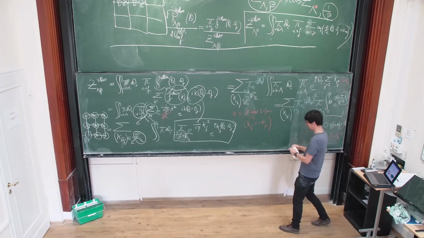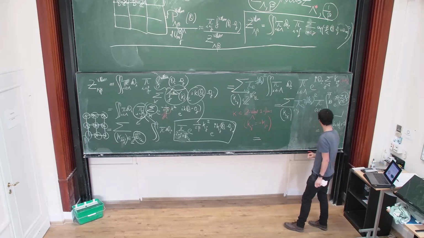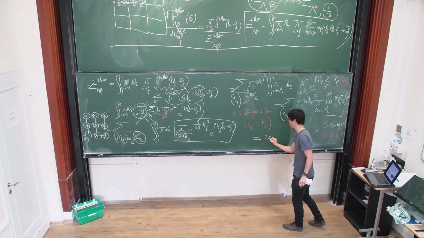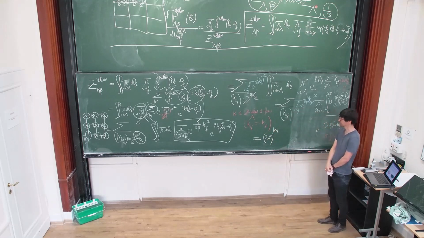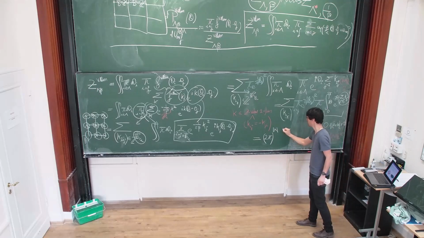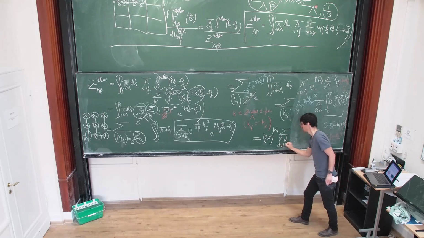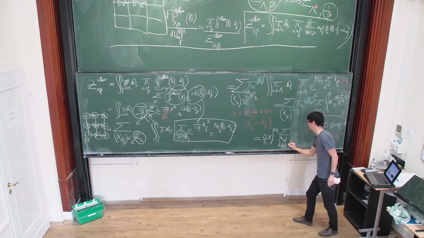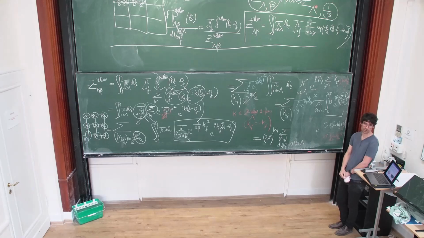So I can finish the computation by saying that this whole partition function is 2 pi to the power the number of vertices in my graph times the sum over k_ij, those one forms which are such that the divergence of this one form is 0 at each point of my graph. So it's a divergence-free one form on my graph. I will make one example of those.